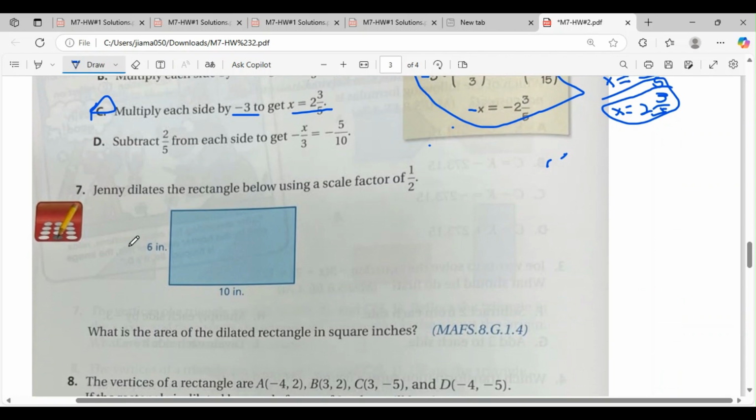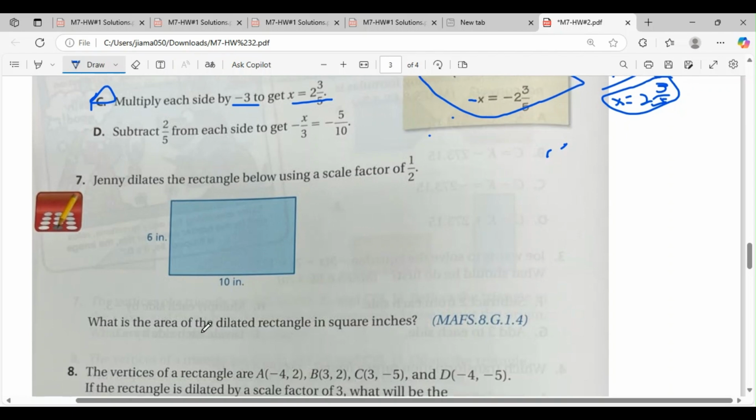Next, number 7. Jenny dilates the rectangle below using a scale factor of 1 divided by 2. What is the area of the dilated rectangle in square inches? So we should find the area after dilating the rectangle.